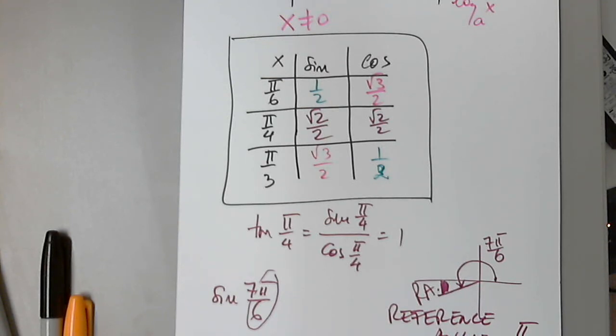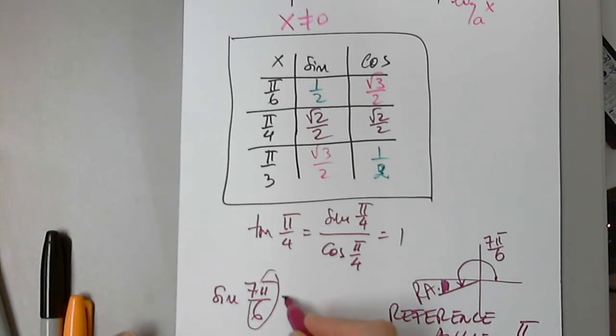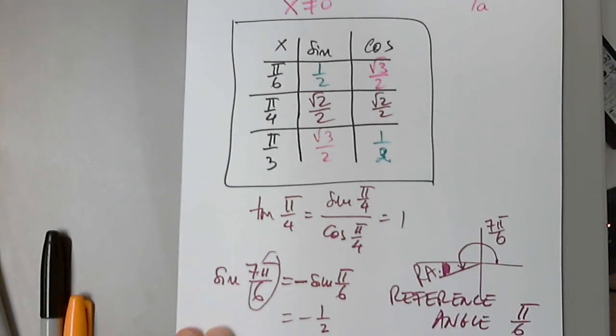So above is positive and below is negative. Cosine is measured on the x-axis. It's positive on this side, 1 and 4, and negative on this side, 2 and 3. So therefore, this must be negative sine of the reference angle. But we know sine of the smallest angle is 1/2. I just need to put negative in front of it.